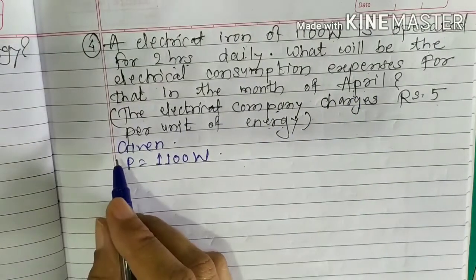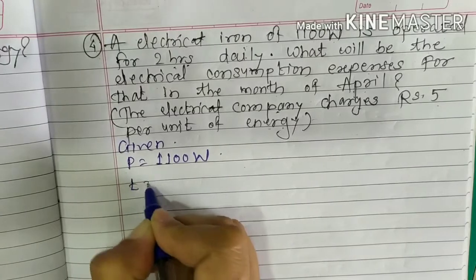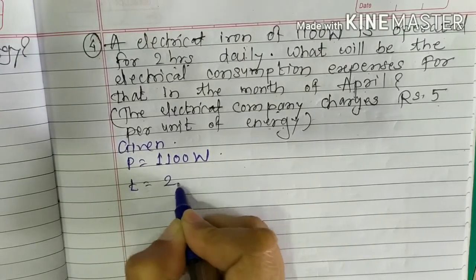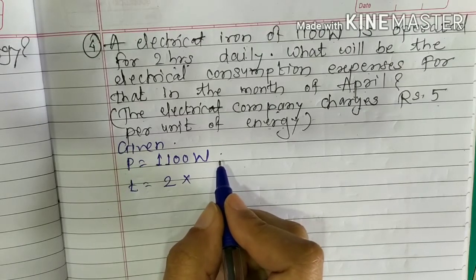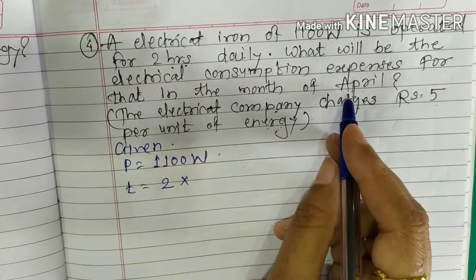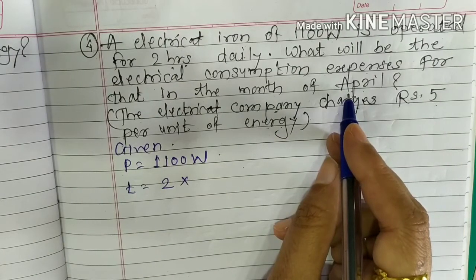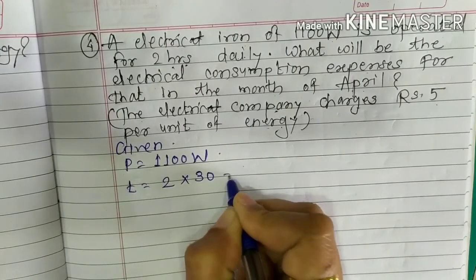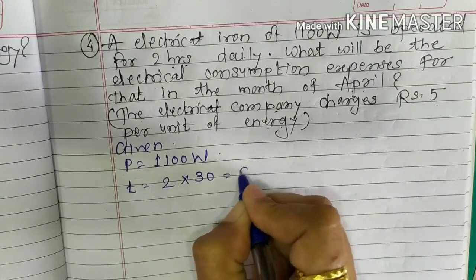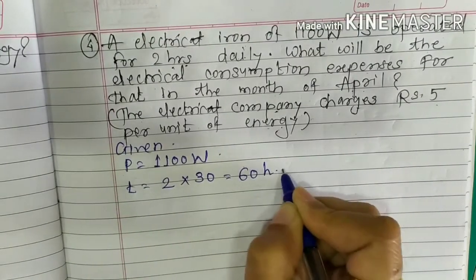Hence that is the time, 2 hours, but we use it daily 2 hours in the month of April, and hence the total days in the month of April, that is 30 days, hence we use 60 hours.